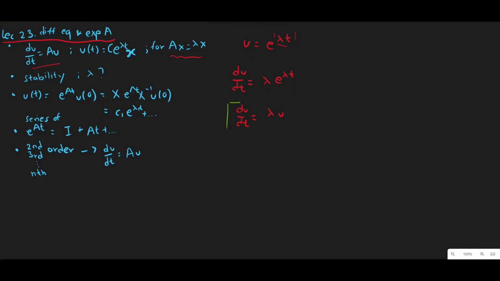Okay, so you see that this derivative, du dt equals lambda u, has the solution u equal to e to the power of lambda t.